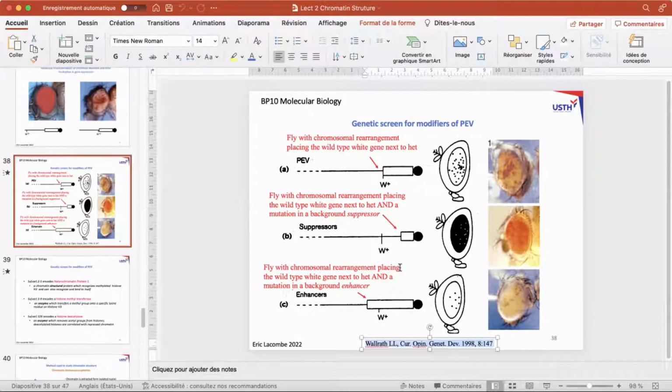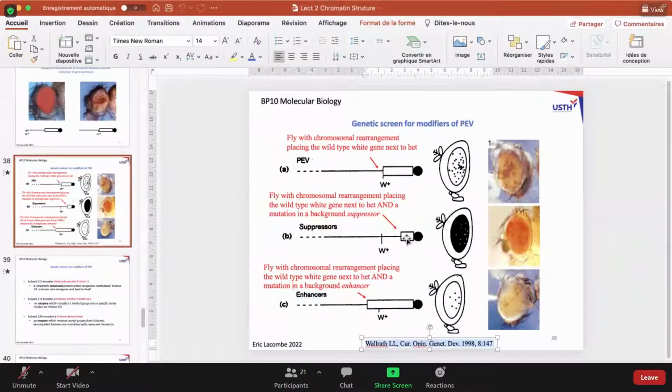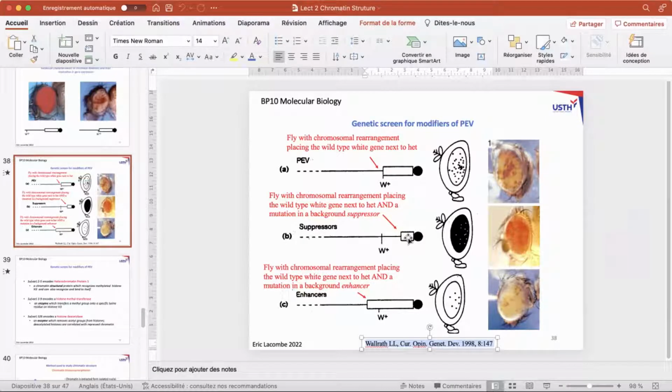So the mutation in figure B has the effect of suppressing the heterochromatin, and figure C enhances the expression of the heterochromatin. Exactly, because heterochromatin is symbolized by this white box. So in this genetic context, the heterochromatin is increasing.